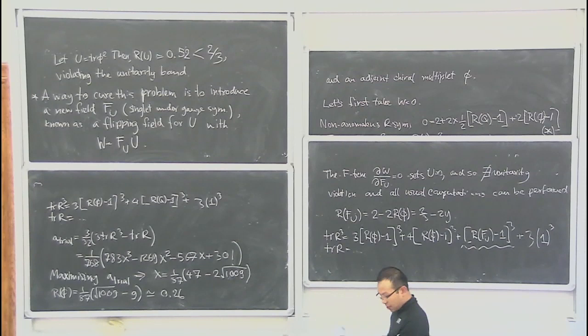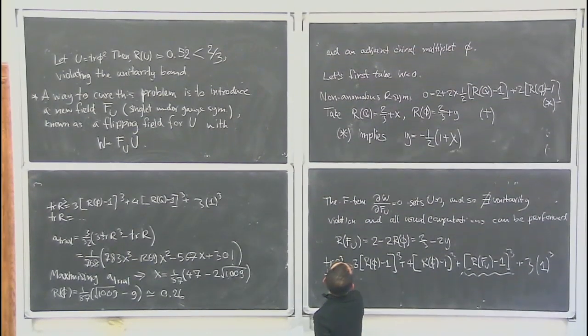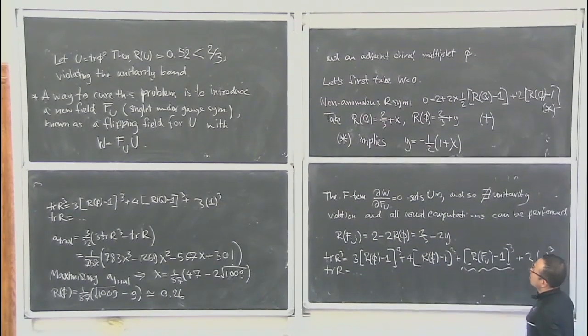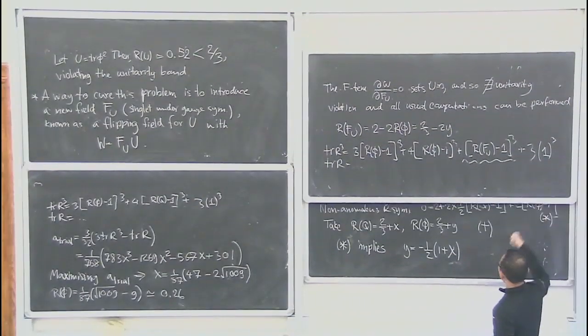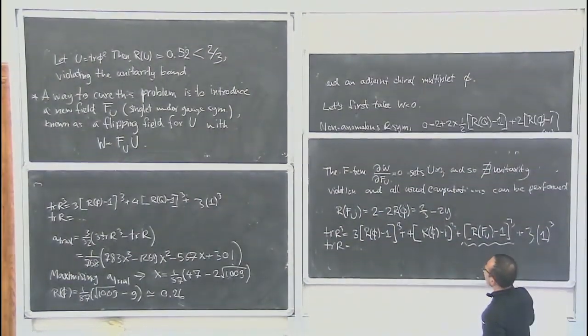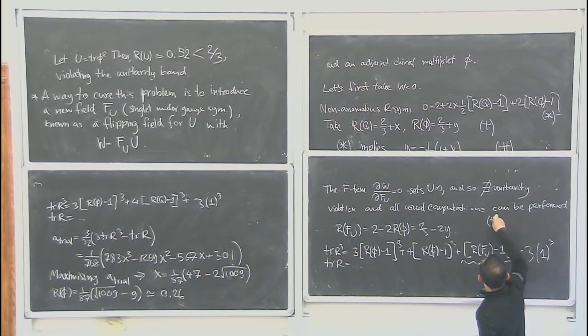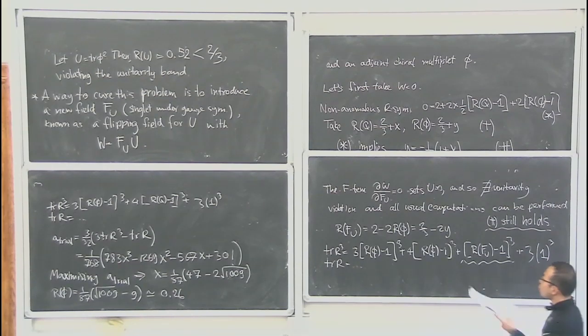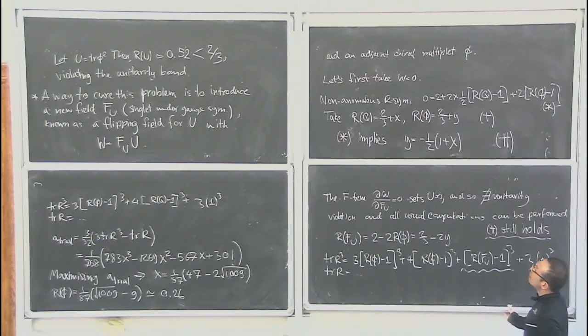Okay? So you erase it perhaps? Let me see. This still holds. Okay? Because you just add a singlet field, you can write y in terms of x using the double dagger.